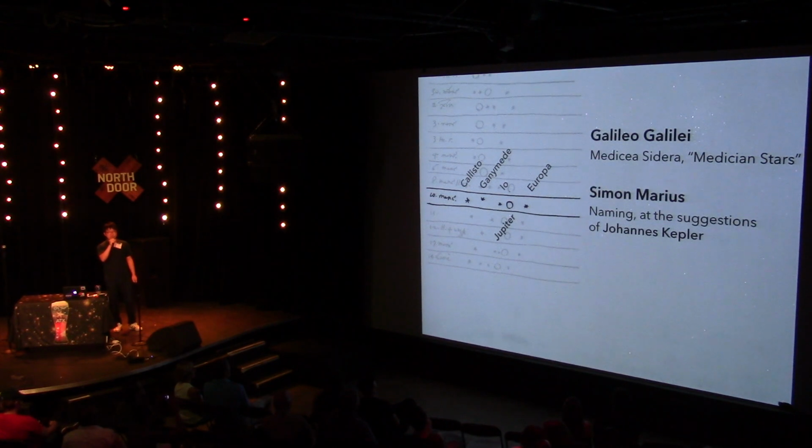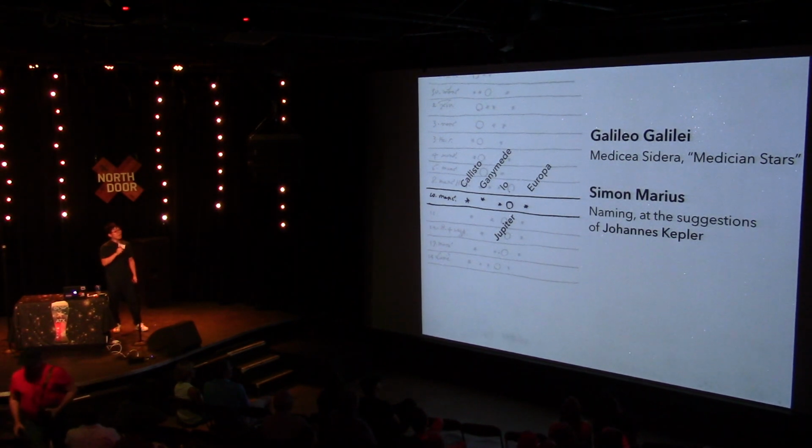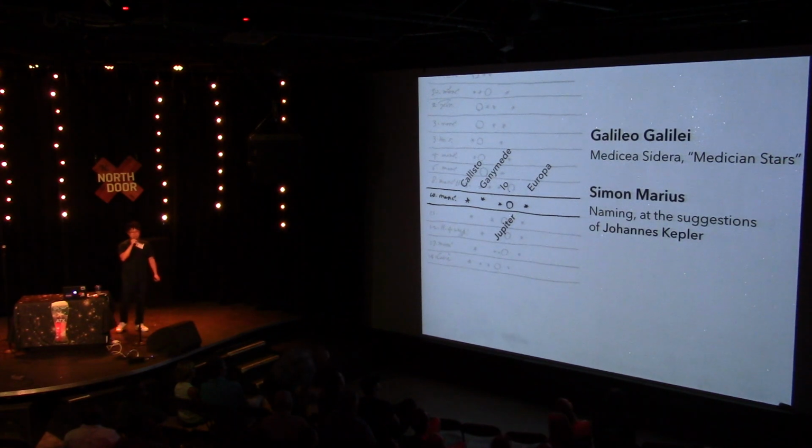And one very important reason that Galileo could do this, build his cool telescope, was that he worked for the enormously rich Medicis in Tuscany, Italy. And he actually named these moons Medicea Sidera, or Medicean stars, in the beginning.